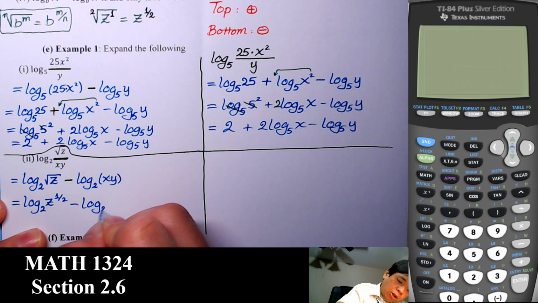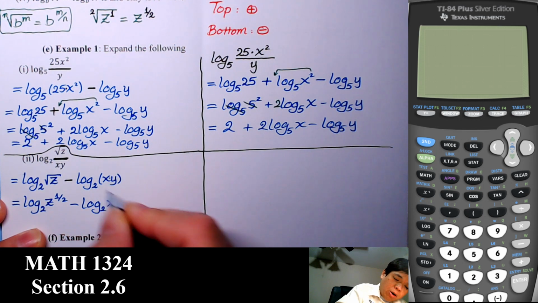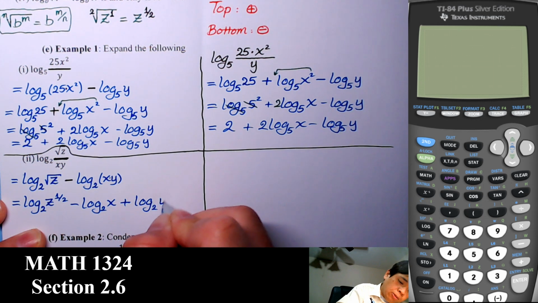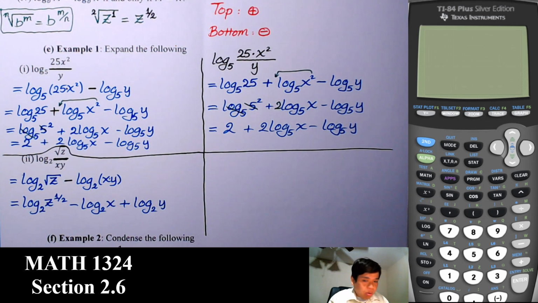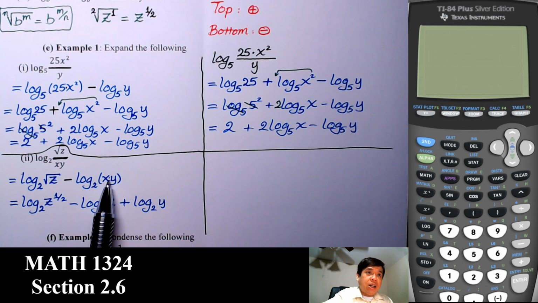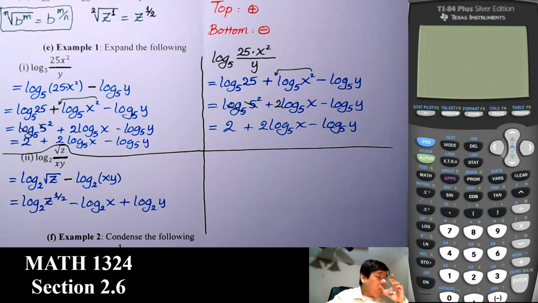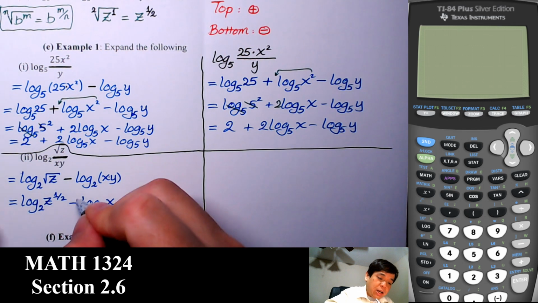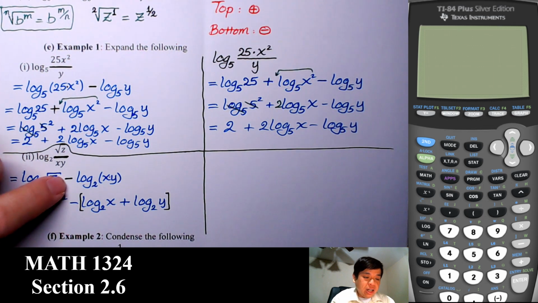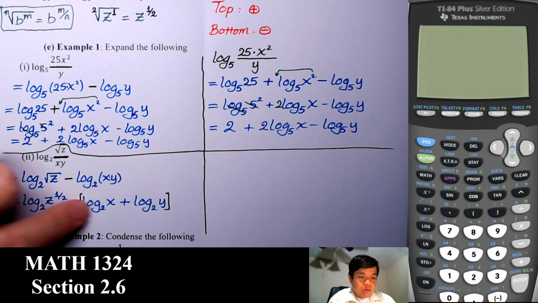So log a2 of x, and the product turn to a sum, right? Now if we write like that, that will be wrong. Remember, the minus sign here will affect the whole thing after that. So if we write like this, we should have the parentheses or the bracket here, because the negative affects everything after that, the whole thing here.